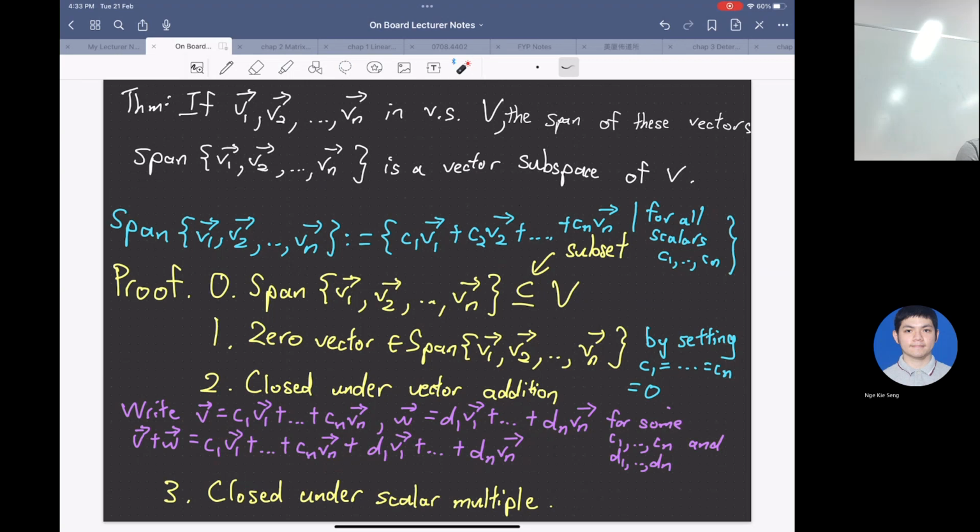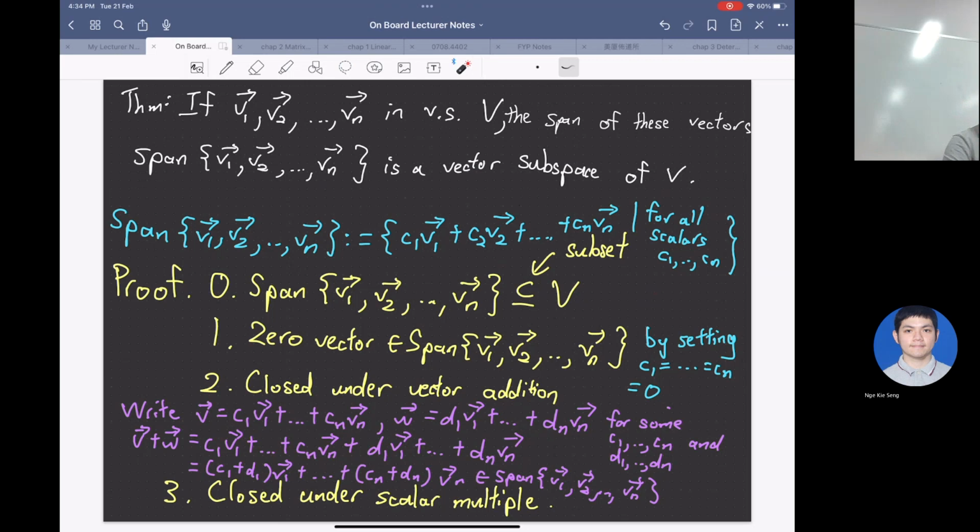So you factorize the coefficients, so that you write it as a linear combination of n elements again. C1 plus D1 is in R plus R, still in R. So this is a linear combination of n elements, so it is in the span of V1 up to Vn, because the coefficients satisfy the condition.